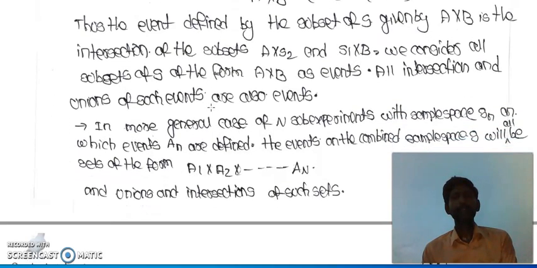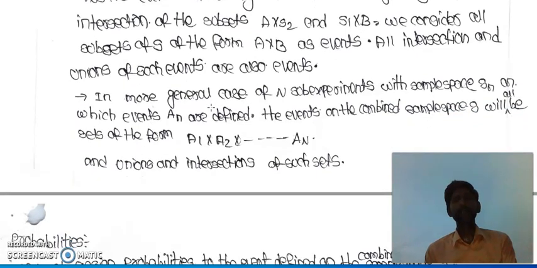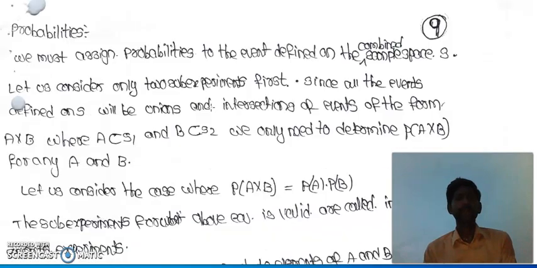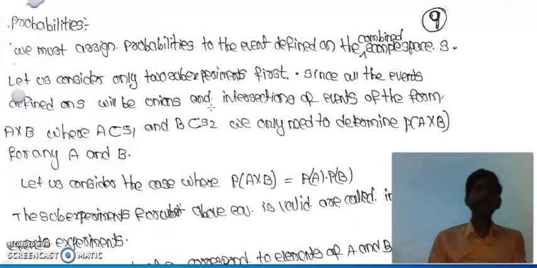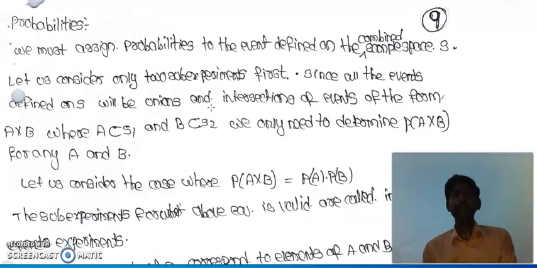In the more general case of N sub-experiments with sample spaces Sn and on which events An are defined, the events on the combined sample space S will all be sets of the form A1 cross A2 cross and so on, and unions and intersections of such sets. The probabilities: how to define probabilities of an event defined on the combined sample space.